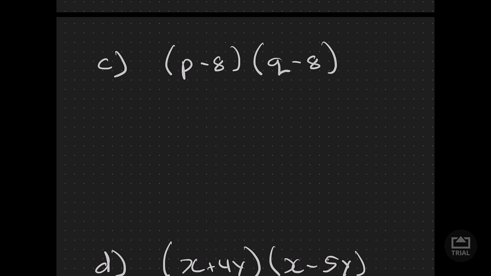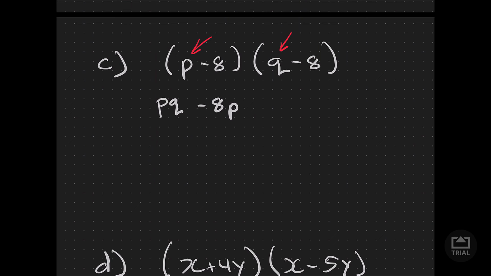All right, so one thing to recognize in this one is that we've got two different variables here. I've got a p and a q. So that probably means that those middle terms, when we lay this out, aren't going to combine together, but let's just check it out for sure. So p times q, our first, becomes pq. Then we want to go to our outside ones, which is negative 8 times p, which is negative 8p.